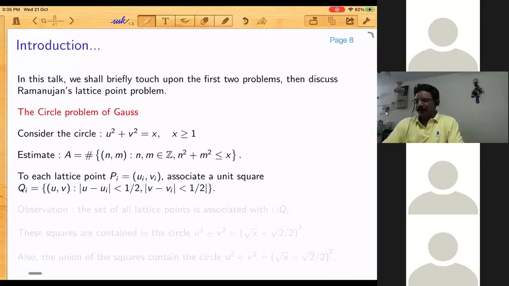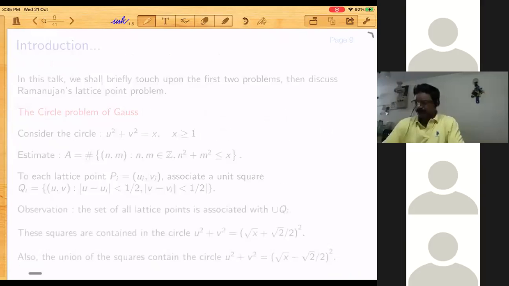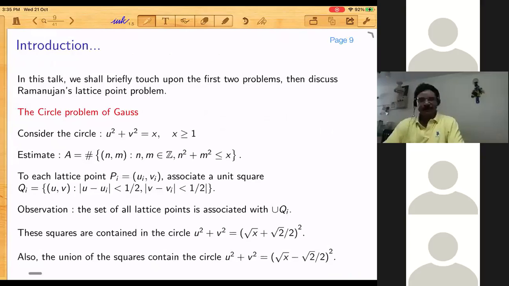Okay, the circle problem. Take a circle u square plus v square is equal to x, and then we want to find all points (n, m) with integers such that n square plus m square is at most x, that is, the points inside that circle. One of the ways to do it is to associate to each lattice point a unit square.